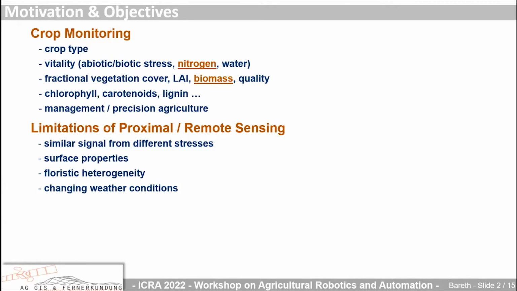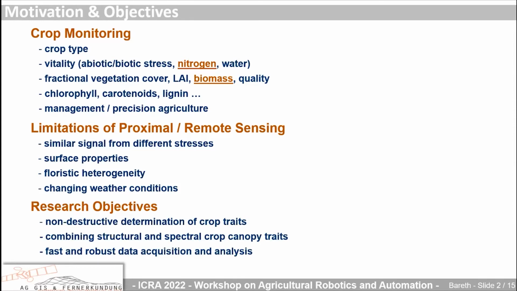So there are difficulties with the surface properties, especially in grasslands. We have floristic heterogeneity when it comes to pasture systems. And one of the key factors for us in remote sensing, in my opinion, is changing weather conditions.